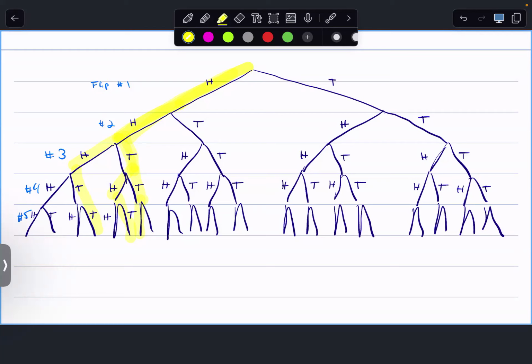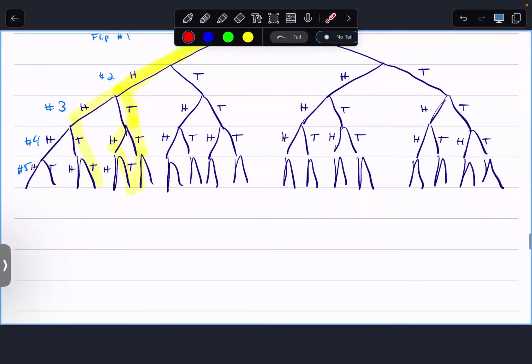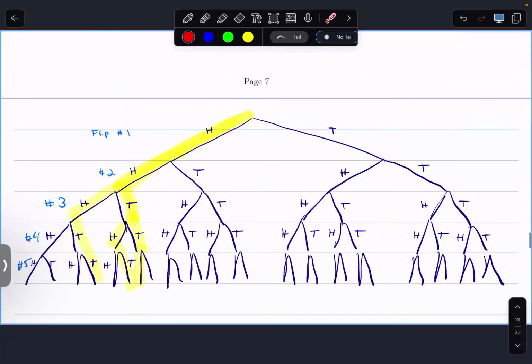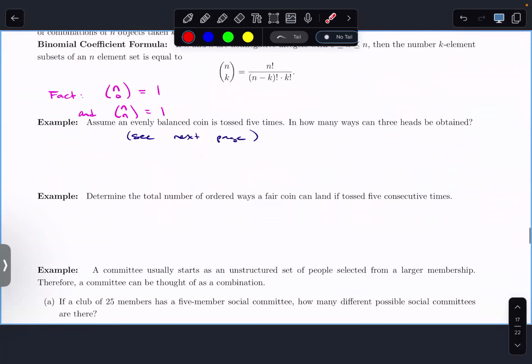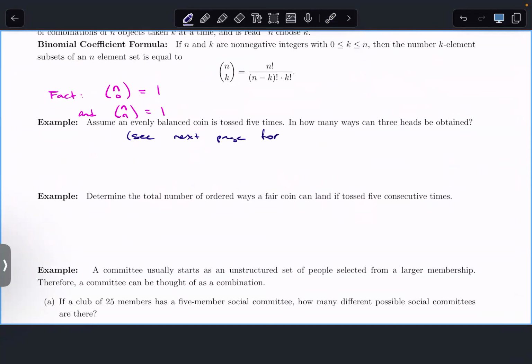Or you can use the choose function, right? And so the choose function says, okay, if I have 5 flips, how many ways can I have 3 of those be what I'm picking, a head, for example. And so what we're going to find is that, see next page for tree diagram.